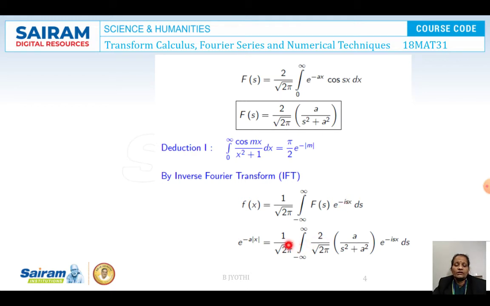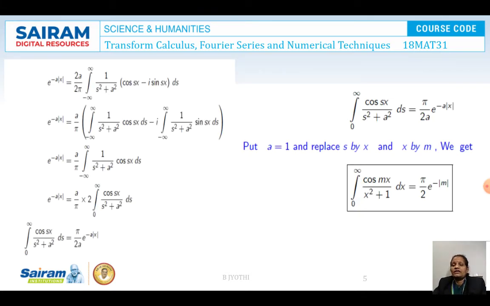Now f of x is given by e power minus a mod x, and 1 upon root 2 pi integral minus infinity to plus infinity. Let us replace the value of f of s which we have obtained. That is 2 divided by root 2 pi into a divided by s squared plus a square, e power minus isx into ds.